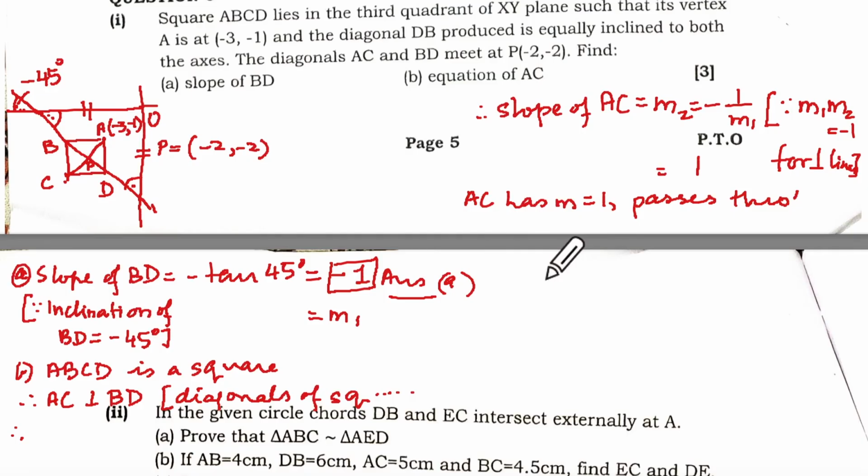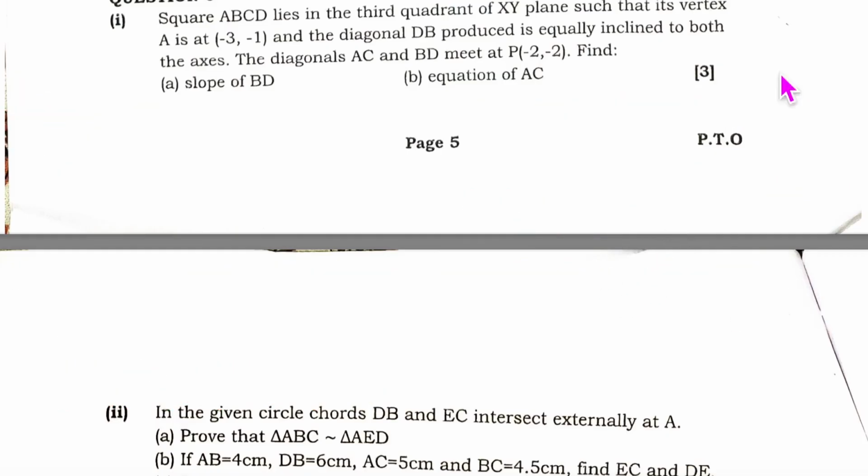AC passes through A, obviously, minus 3 comma minus 1, or you could write even P minus 2 comma 2. Then using slope point form, y minus y1 equal to m into bracket x minus x1. Now after substitution you know how to proceed for that. Let's move to the next question.